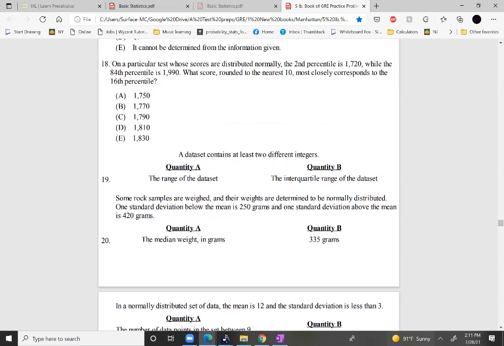Okay. A particular test whose scores are normally distributed has a 2nd percentile score of 1720, while the 84th percentile is 1990.